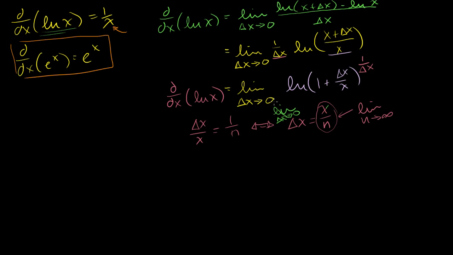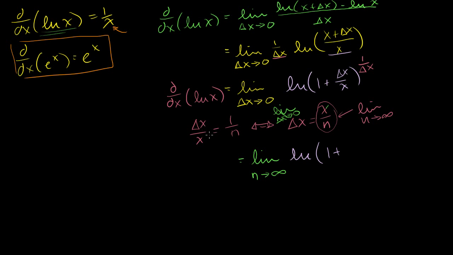So let's make that substitution. So all of this is going to be equal to the limit as, now we've gotten rid of our delta x, we're going to say the limit as n approaches infinity of the natural log, I'll go back to that mauve color, the natural log of 1 plus.